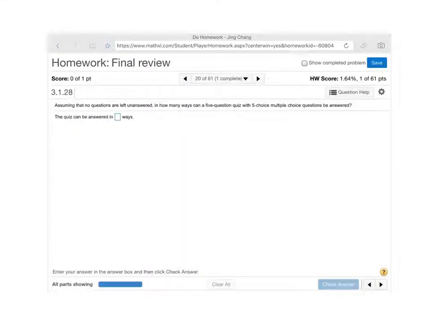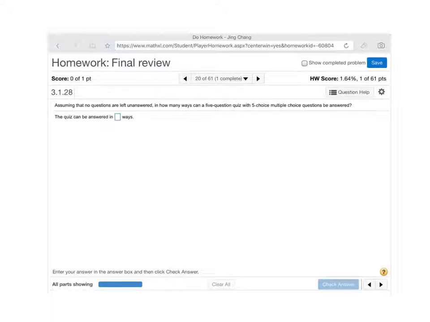Okay, so this problem, it's the same problem, still counting. 5 questions, which means we have 5 questions, and each one has 5 choices. So it'll be 5, 5, 5, 5, 5. So 5 times 5 times 5 times 5 times 5.